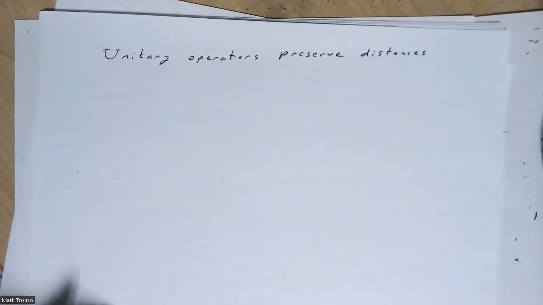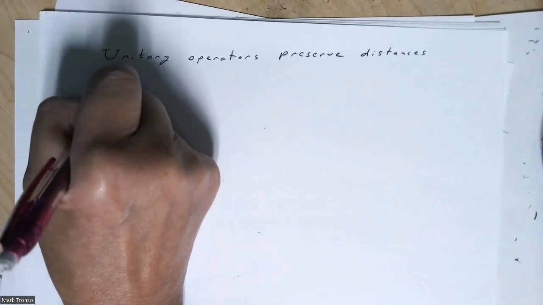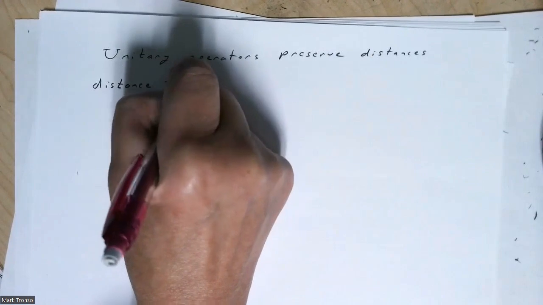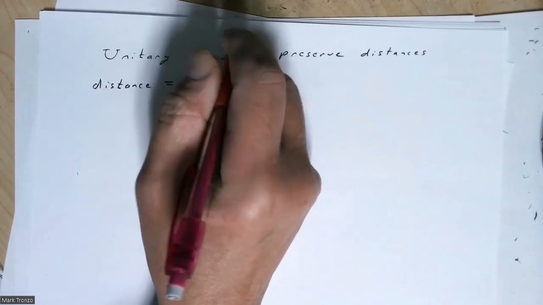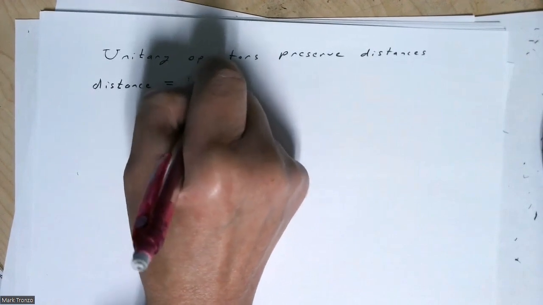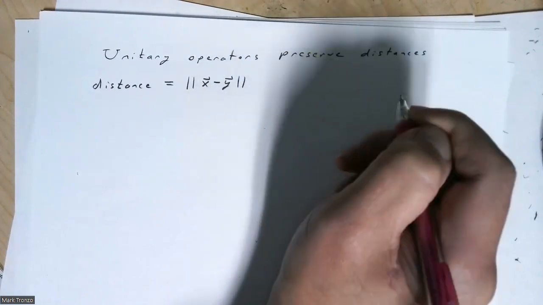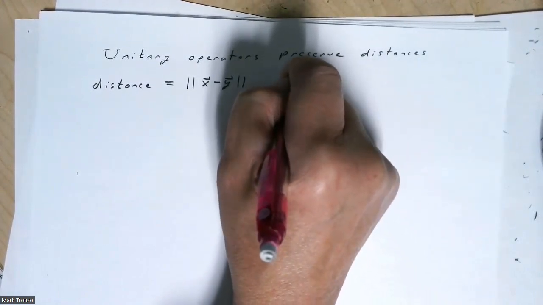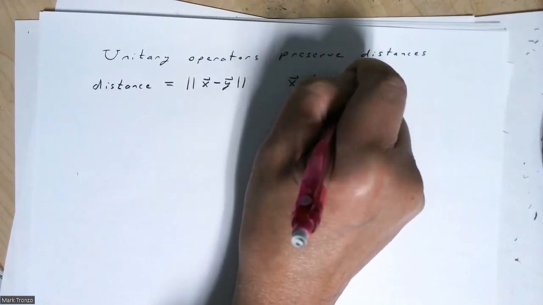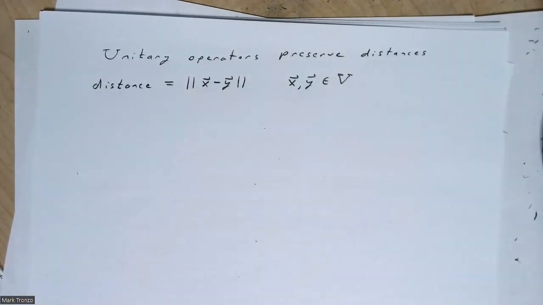Remember, a distance between two points or two vectors is often defined as, let's say you have two vectors, and maybe let's write it as x and y this time, where x and y are in your vector space V. The distance between those two is usually defined this way.